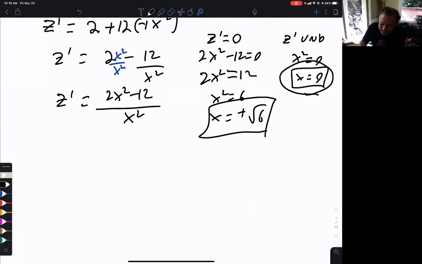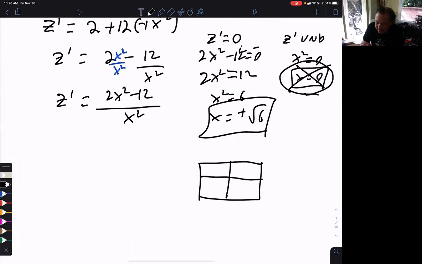So why is that so critical? Because I have only one critical point. If that's the only relative extrema, it's also an absolute extrema. So I'm excited. So let me test to see if that is a relative extrema. So radical 6, what is that? 2 point something, right?